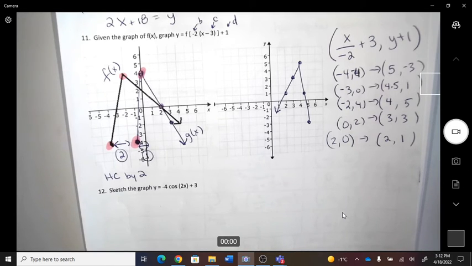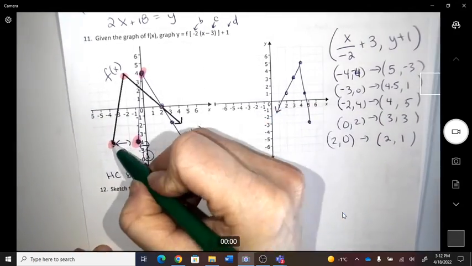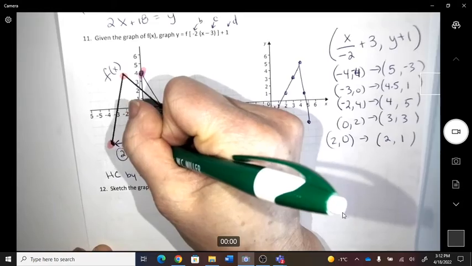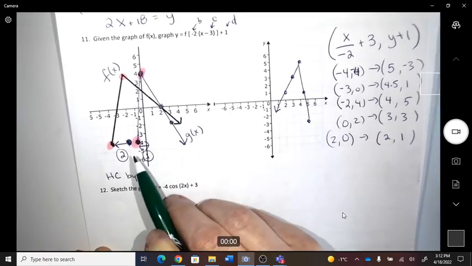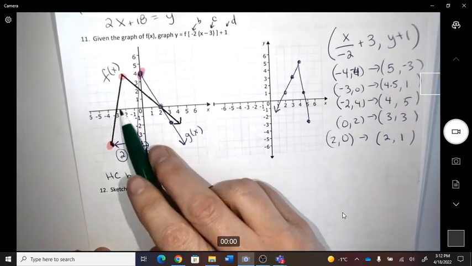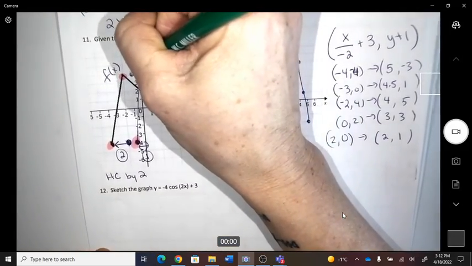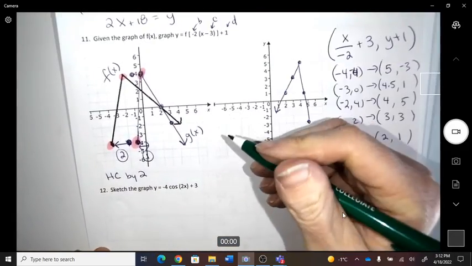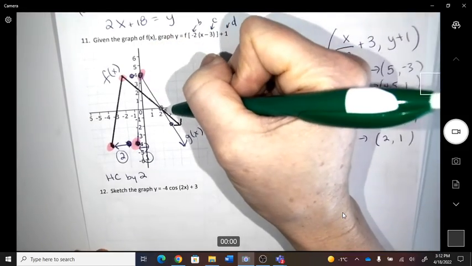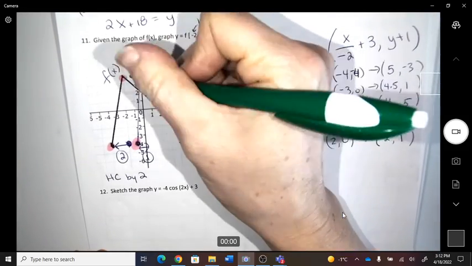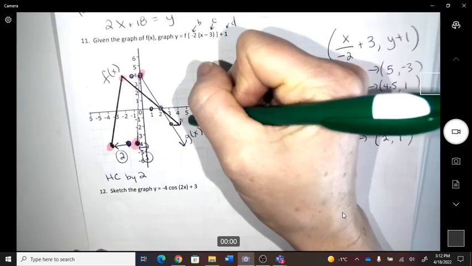Okay, so I'm going to do that. You ready? If this was -4, now it's a -2. If this was a -2, now it will move in towards a -1. The coordinate over here at 2 would have been at 1.